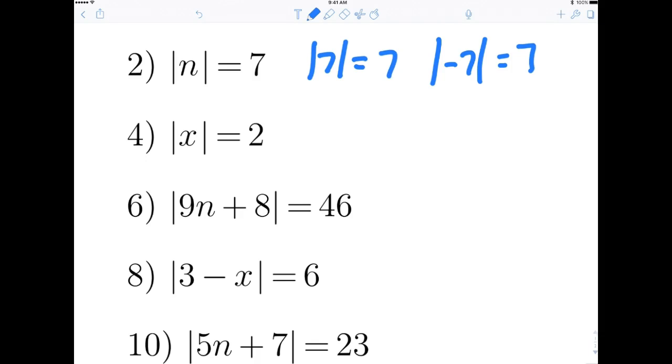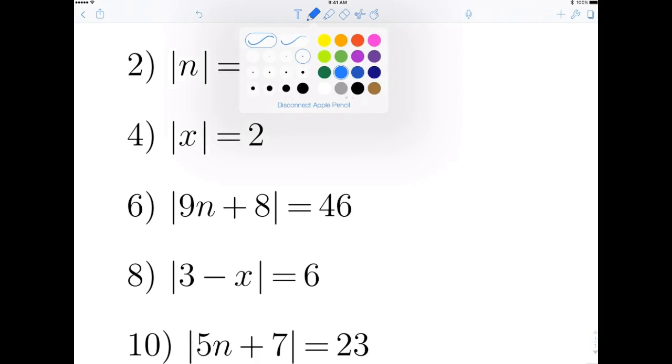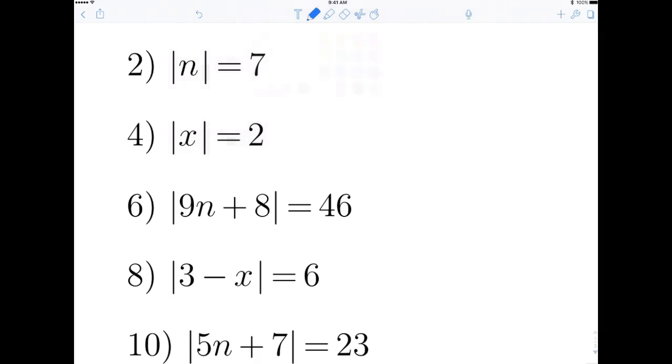Now, mathematicians obviously are lazy. So they have a specific way in which they write these things. So instead of writing 7 or -7, they say n is equal to plus or minus 7.